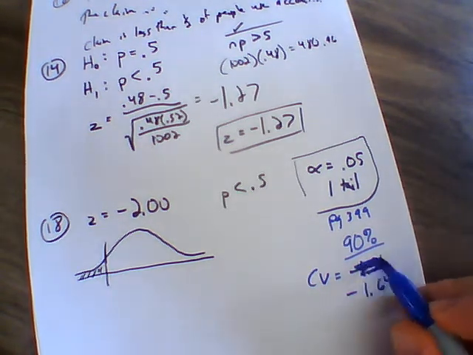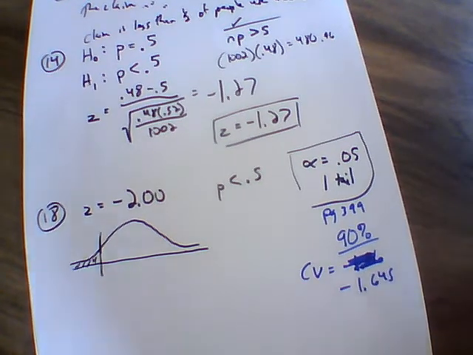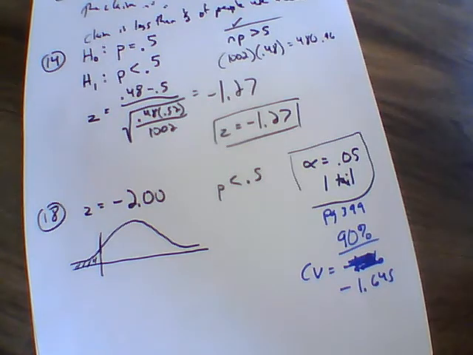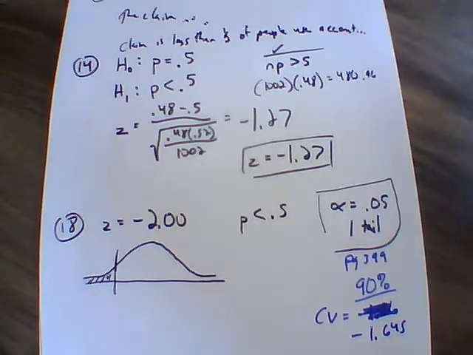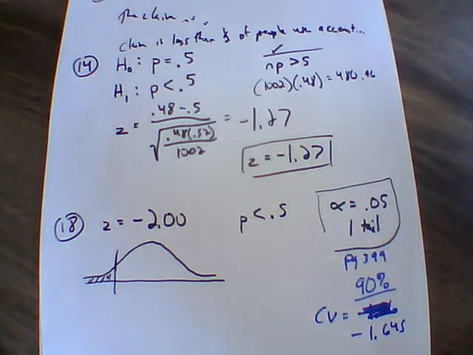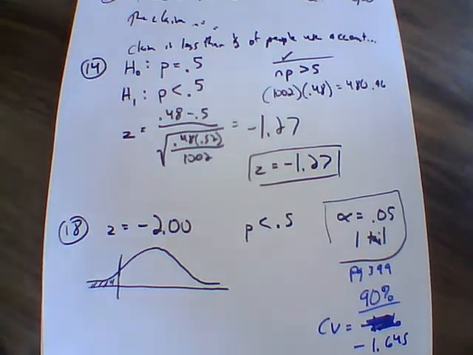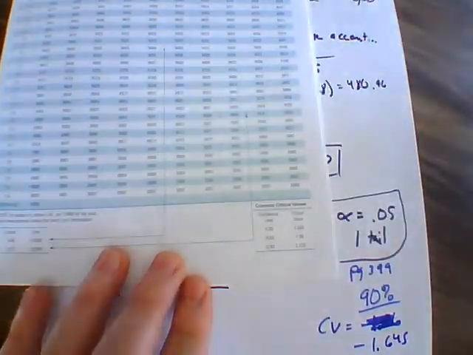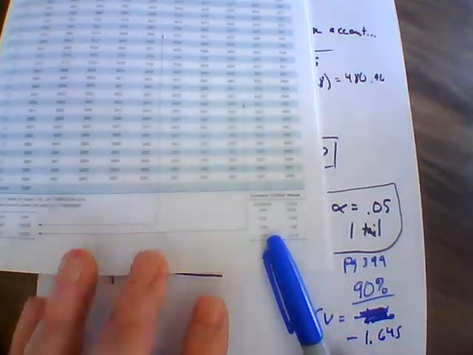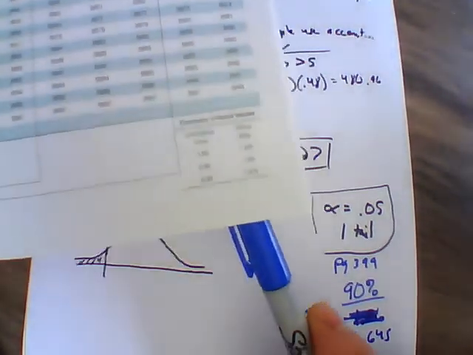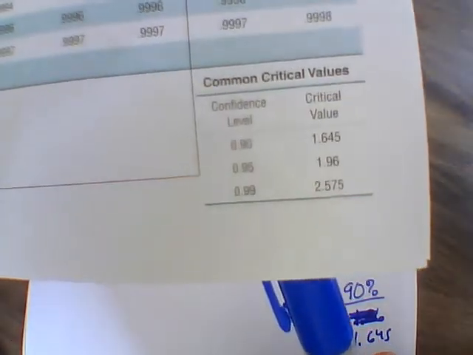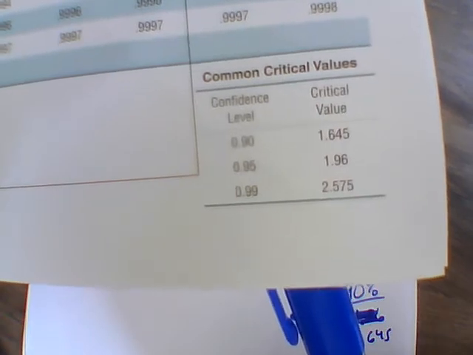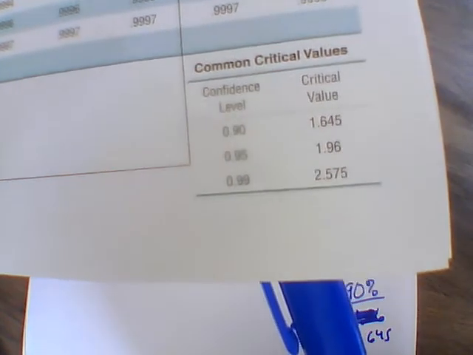1.645. Once again, if you go back to our big tables, let me see if I can grab mine out. On the very bottom right here, we see that a 90 percentile or 0.90 is 1.645.